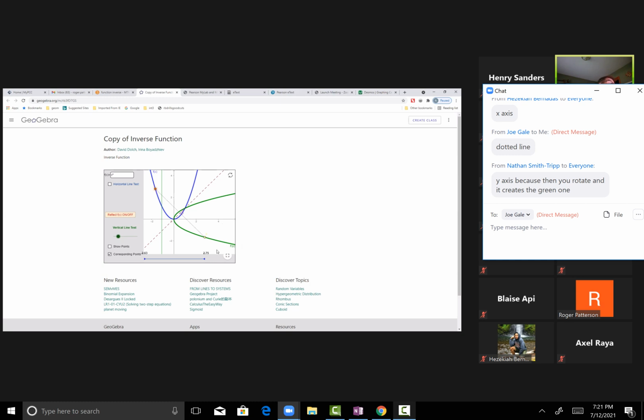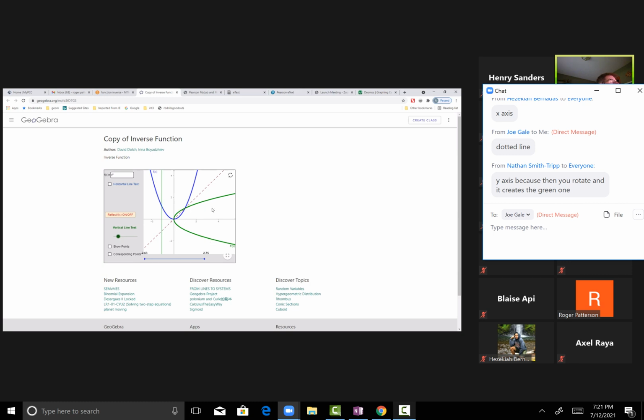Now, so the green graph is what we would say is the inverse of the blue graph. All right, so if I take this off, I don't do the reflection, there's my blue graph. Now the green one is showing me this is a reflection. Okay, or the inverse, sorry.